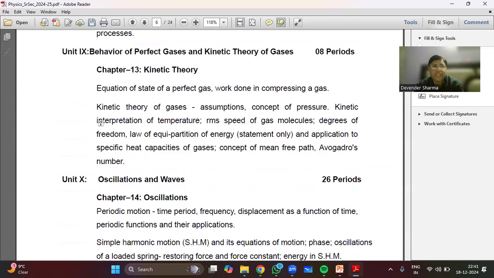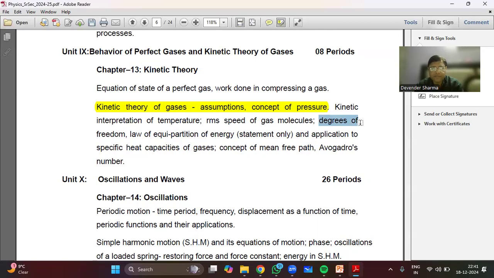Moving on to KTG, the very important one is gas pressure, and using that gas pressure, you have to derive all the gas laws: Boyle's law, Charles' law, Gay-Lussac's law, Avogadro's number, and everything. So the first thing is KTG, and you have to discuss the gas pressure, and then all the gas laws from it.